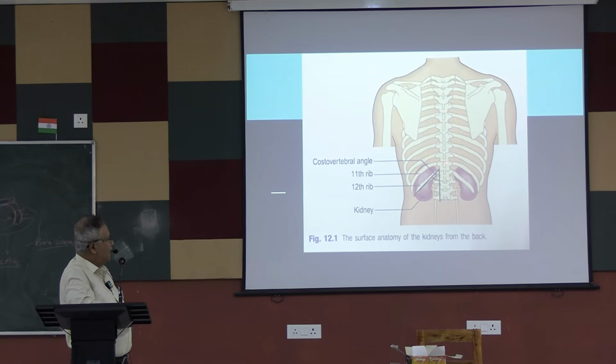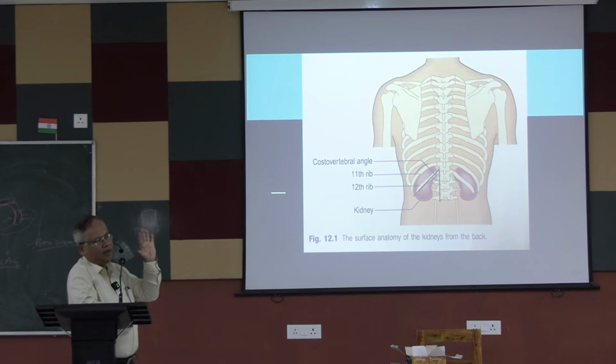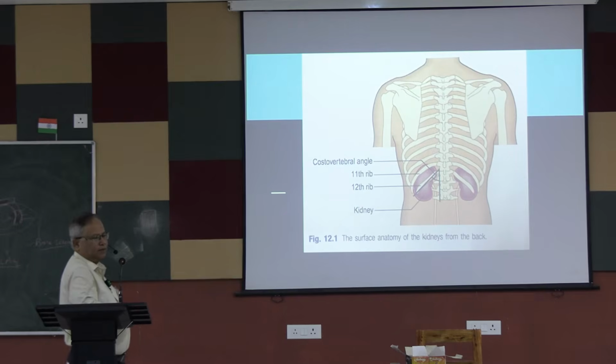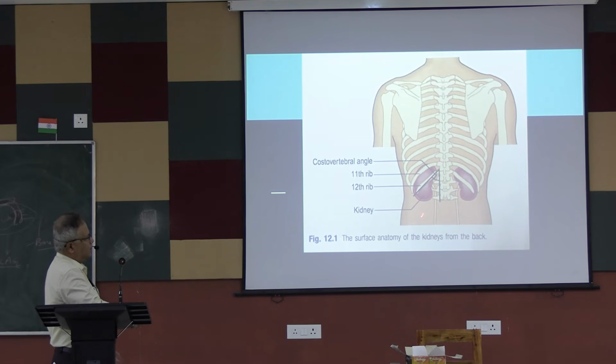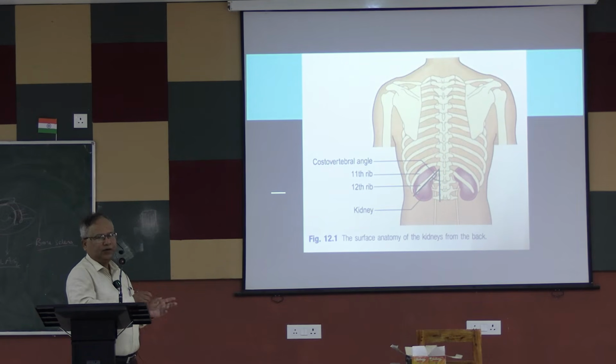The 12th rib actually serves as an axis for the kidney. This is the 12th rib. So, if from the back side you want to palpate the kidney, you have to press at this point. This is the renal angle. When you palpate an abdomen from the back, you press at the junction between the 12th rib and the erector spinae muscle, and this point is the renal point, right renal point and left renal point.